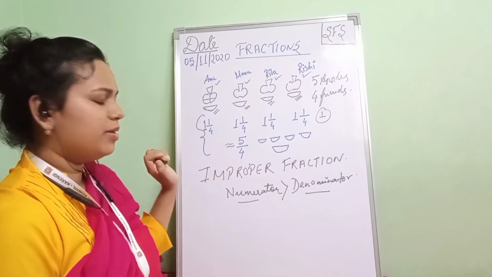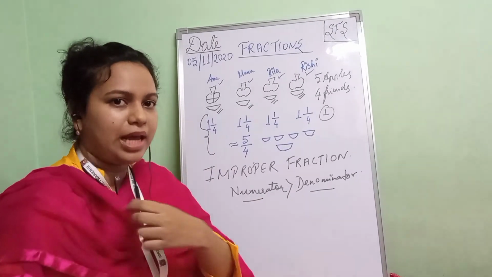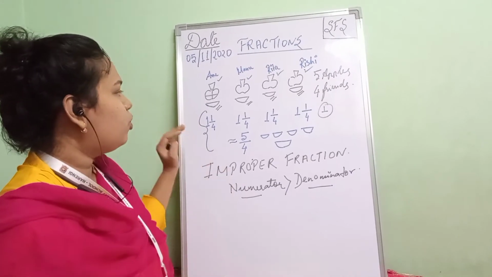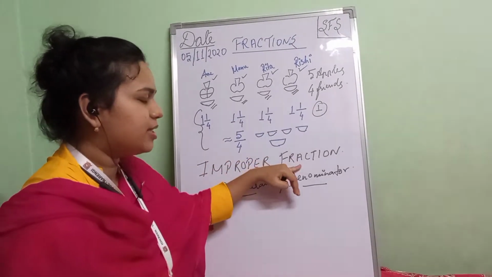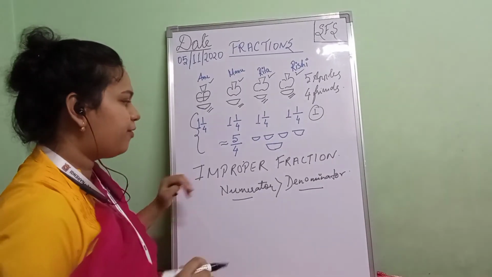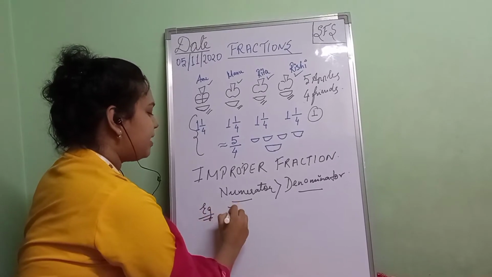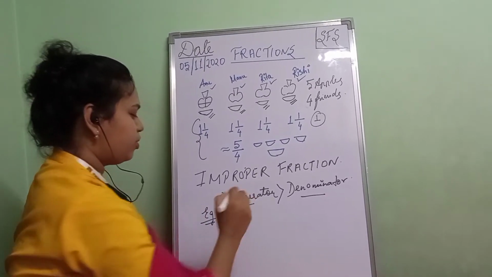Now, is improper fraction clear? I will repeat it one more time. Okay, children? When the numerator of a fraction is greater than the denominator, it is denoted as an improper fraction. For example, 7 by 3, suppose. Okay?